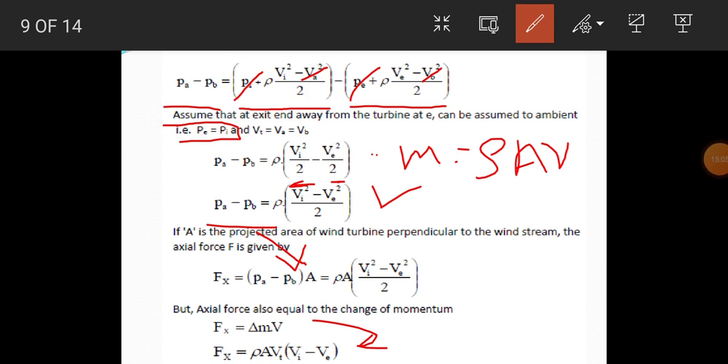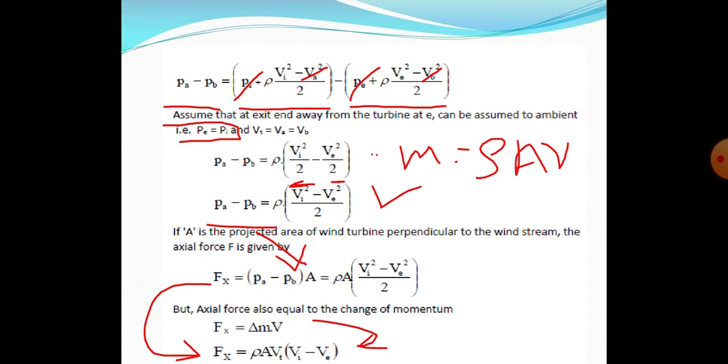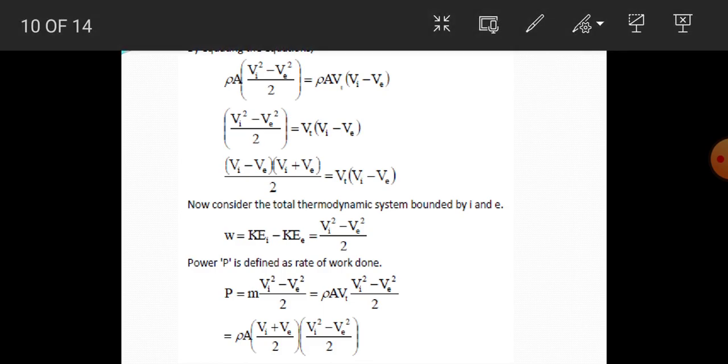Now, comparing both the equations of force that we have got, that is pressure into area and change of momentum, we are getting rho A into Vi square minus Ve square divided by 2 equals rho A Vt into Vi minus Ve.